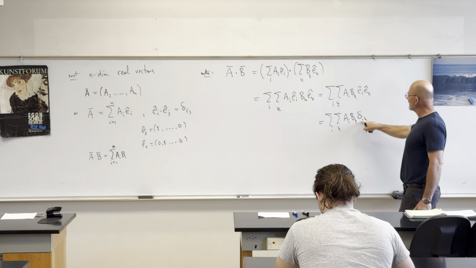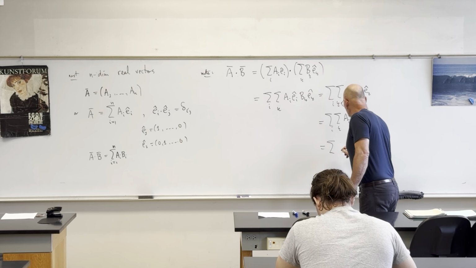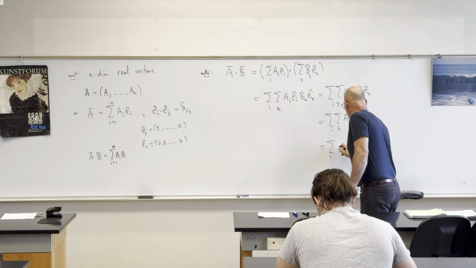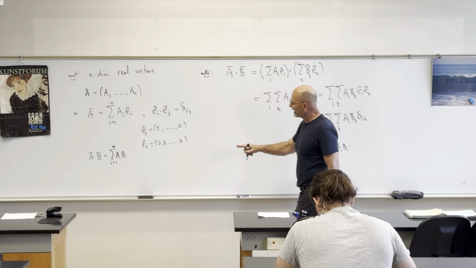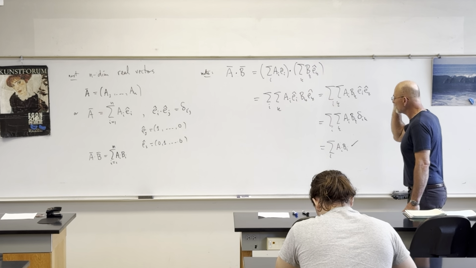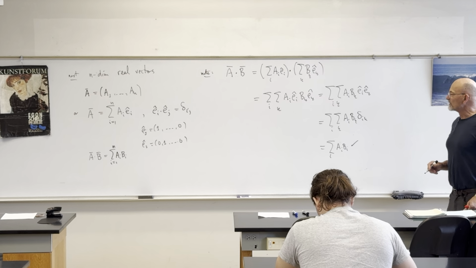It's 0 unless i is equal to k, and then you can just choose one. So the sum over i of A sub i, B sub i, which is what we have down here. So yeah, generalization to n components, no problem either.